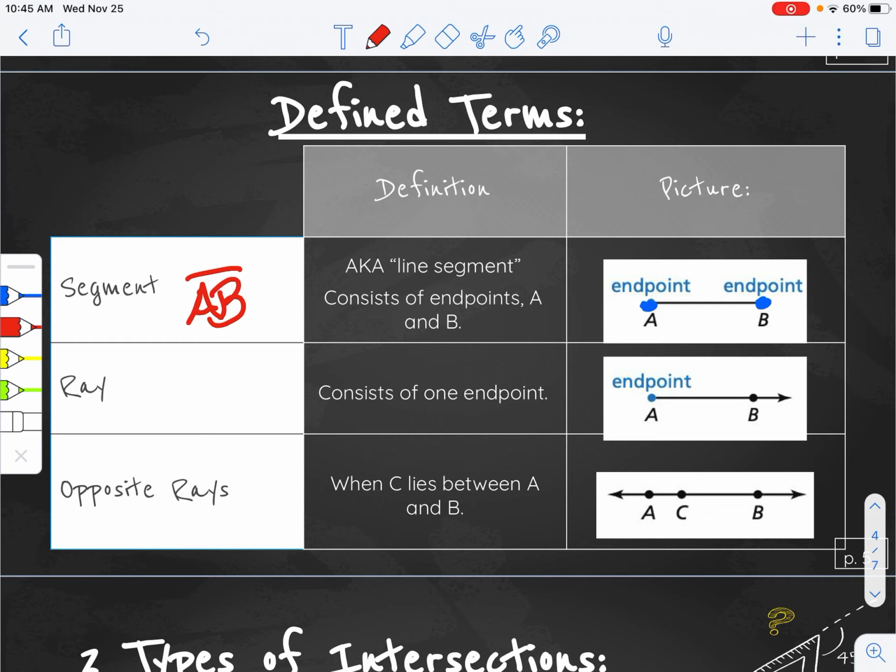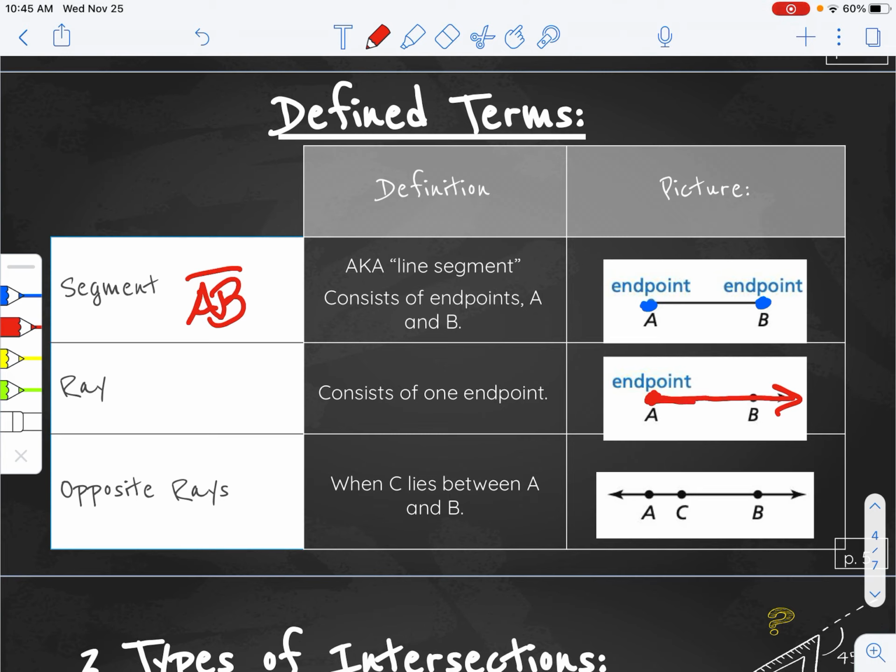Now, if we want to talk about a ray, it is something that has one endpoint and the other point is open. So as you can see here, A is an endpoint. There's nothing over here on this side of A. But then this way, it continues forever.